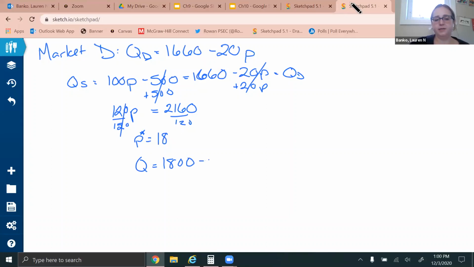So 1800 minus 500, or 1300. But again, this is for the market, the entire market, maybe I'll put QM. So all the firms all together are going to sell 1300, and all the consumers are demanding 1300 units.